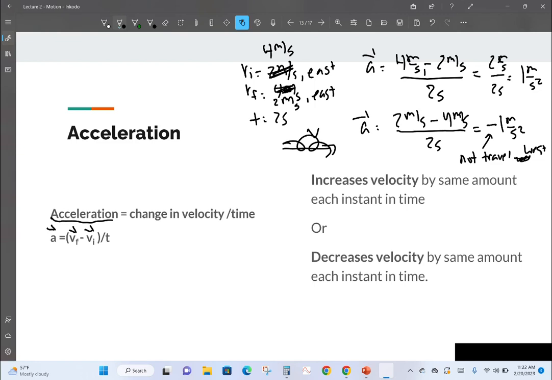So this sign here means that you speed up to the west, which means that if you're traveling to the east and your acceleration is to the west, you're going to slow down. The only way for you to speed up is if you're traveling in the same direction as the acceleration vector.